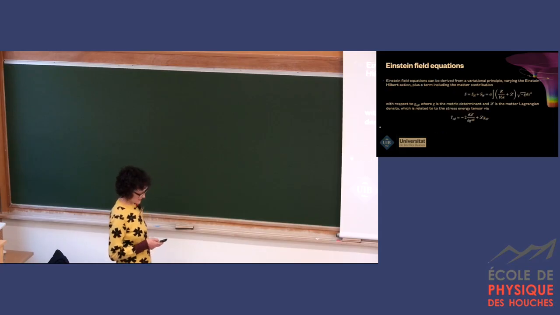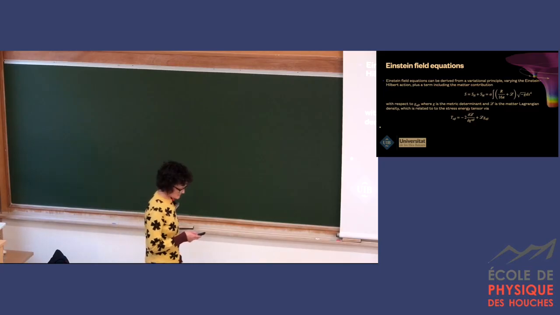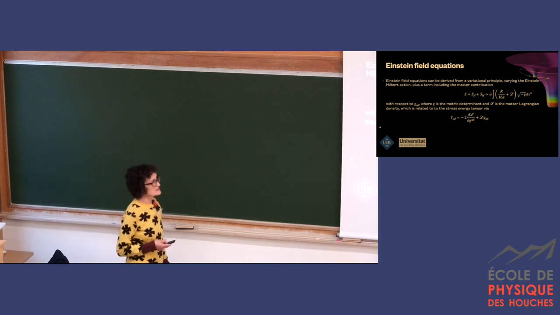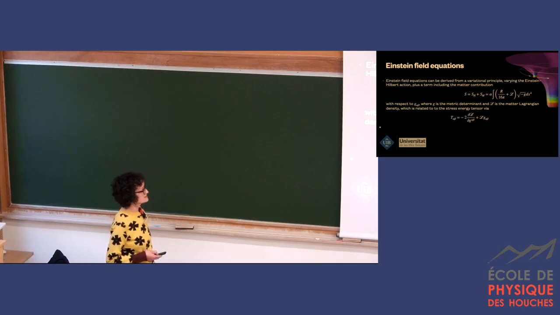Okay, so then you might wonder, how do I derive the Einstein field equations in the first place? This is a very generic way to go about it, that is through the variational principle. So you start from an action where you have this Ricci part, that is your gravitational action, the Einstein-Hilbert action, and then you can add a Lagrangian density here.